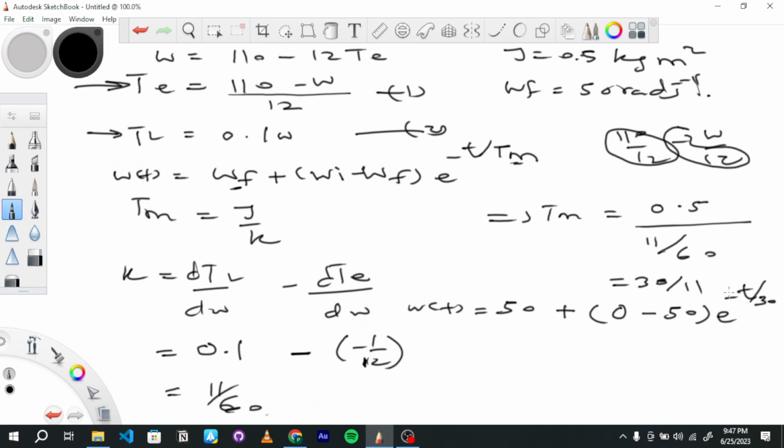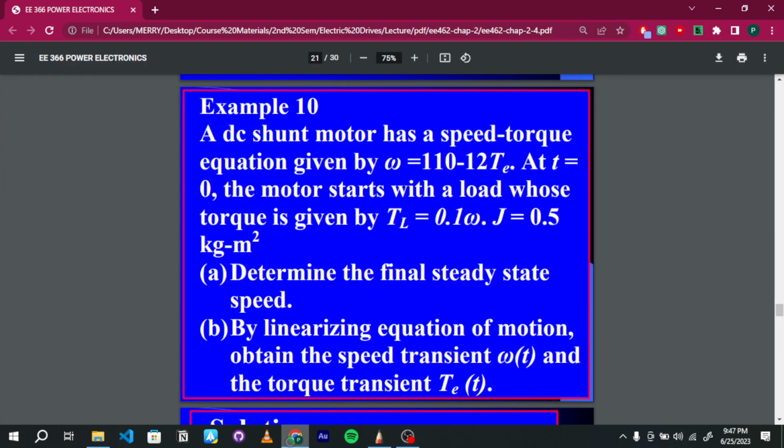So 30 over 11 can come to the top here. So omega at t is equal to 50 minus 50 e to the minus 11t over 30. So that'll be our answer.